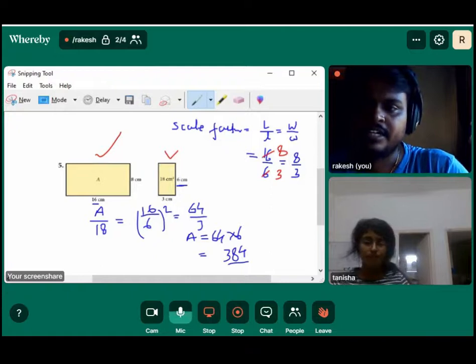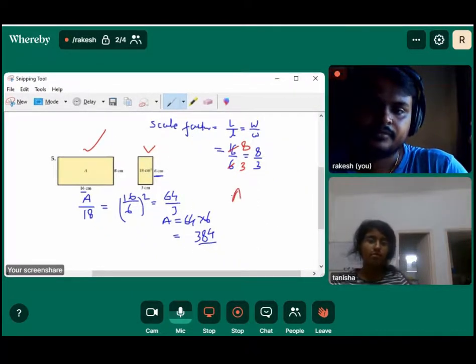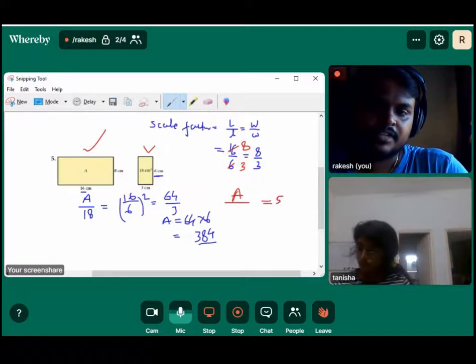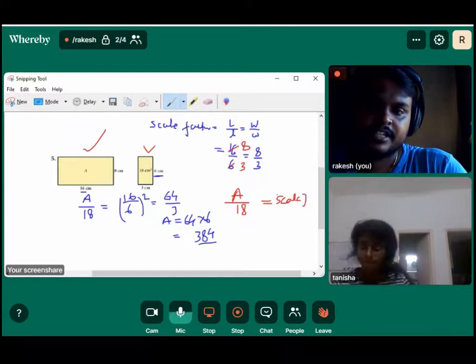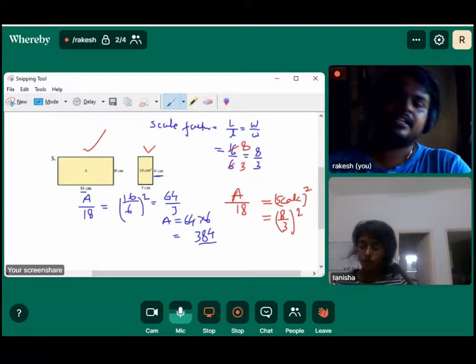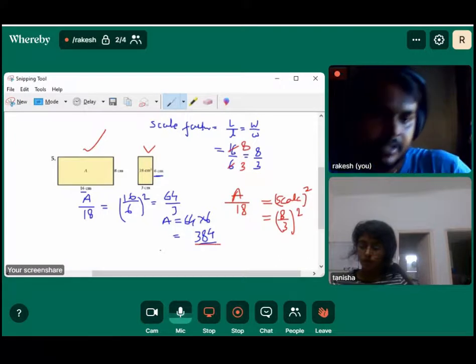So now we take the ratio of their areas as equal to the square of the scale factor, right? So A upon 18, and the scale factor we take the square of that. So that is 8 by 3 square. If you simplify that, you will get 384, right?